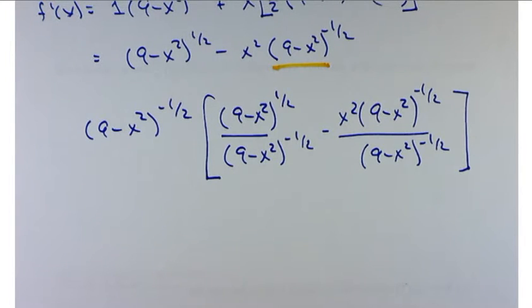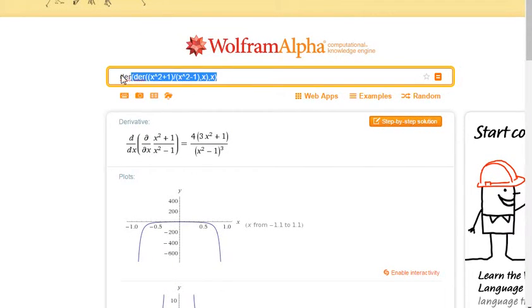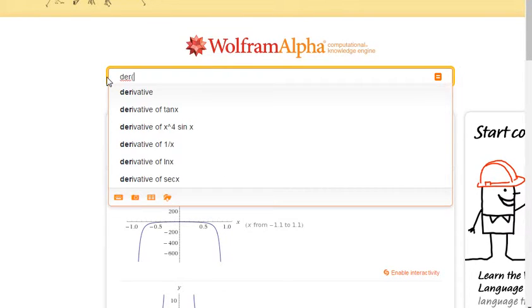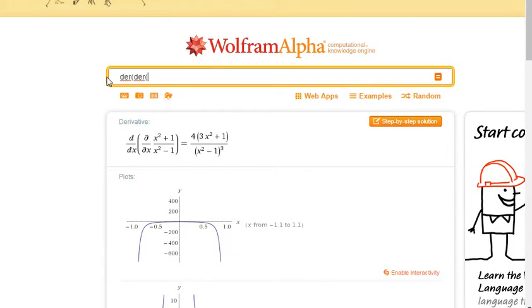So I want the derivative of x times 9 minus x squared raised to the 0.5 power, comma x, comma x again.